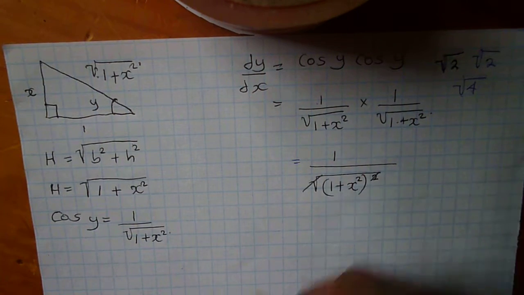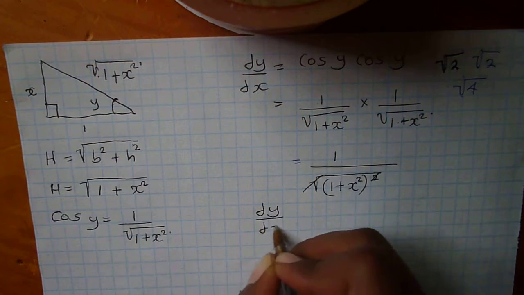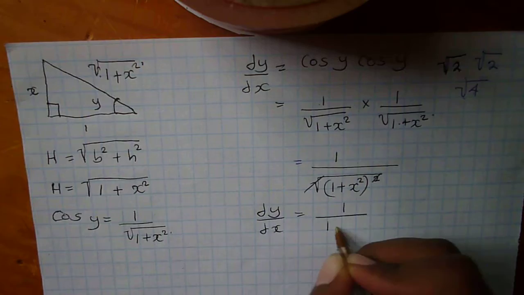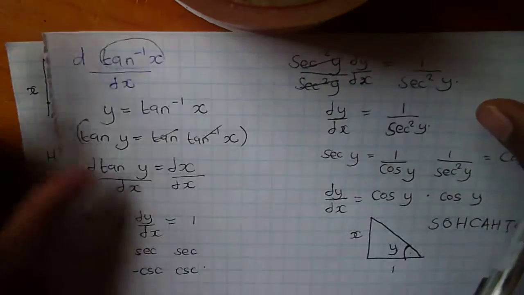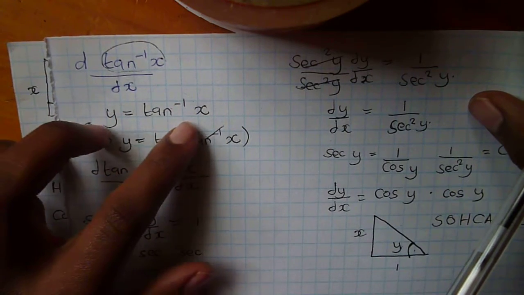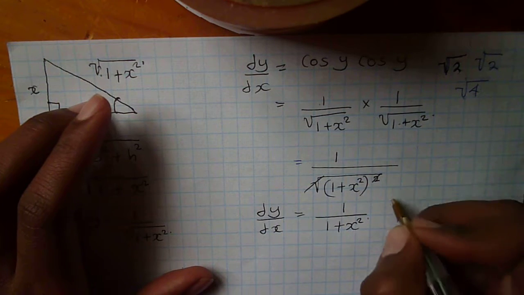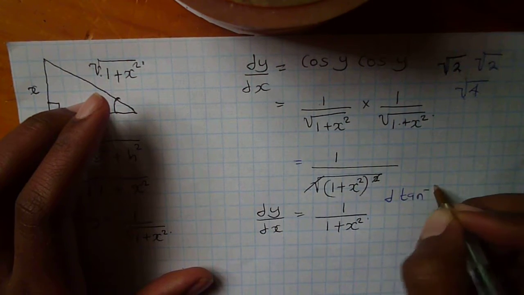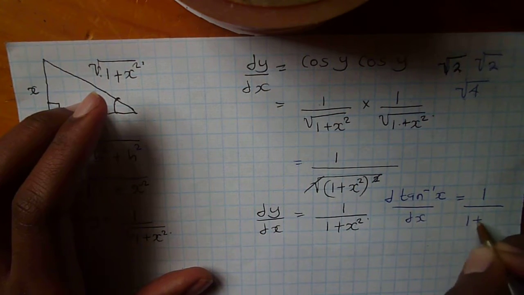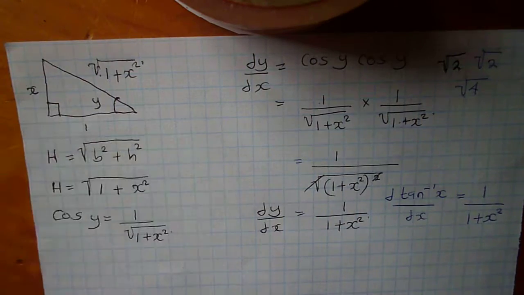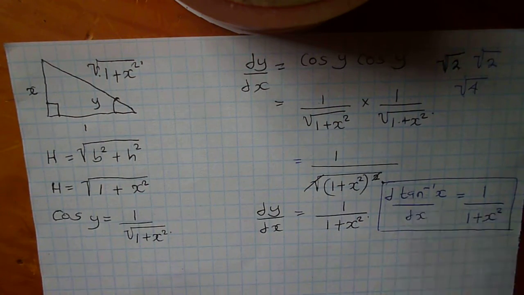So the square root and the square will cancel out, so that we get dy over dx equals 1 all over 1 plus x squared. And remember, we had let y be equal to tan inverse of x. So our answer now: the derivative of tan inverse x with respect to x is 1 all over 1 plus x squared. That's our answer. Thank you so much for watching.